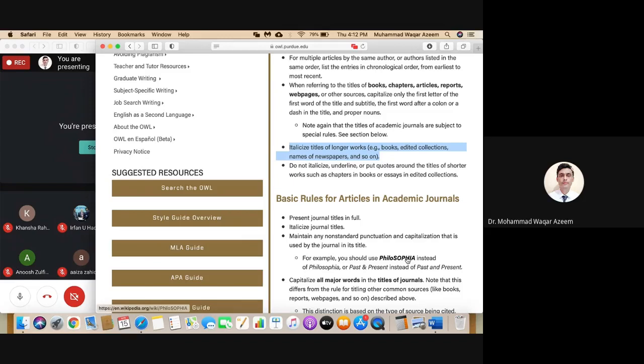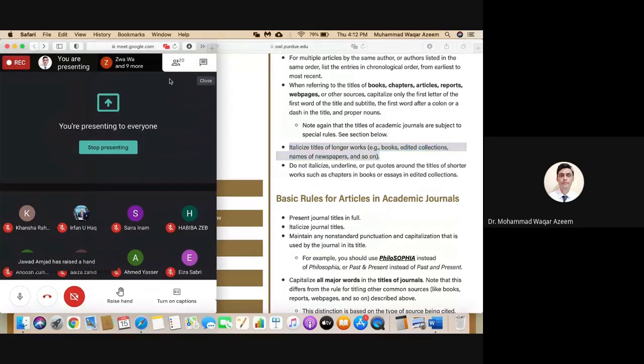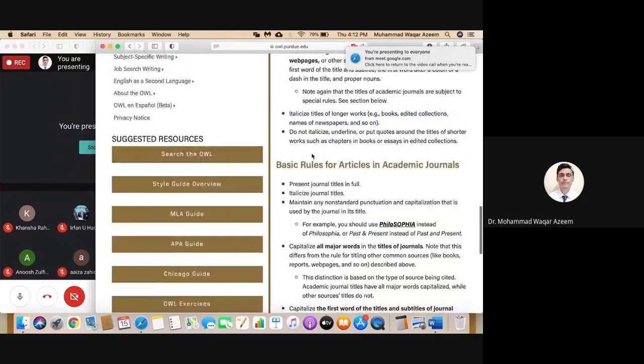Anybody who doesn't know how to italicize? You all know it. Good. Okay. Do not italicize, underline, or put quotes around the titles of shorter works, such as chapters in books or essays in edited collections. Right?